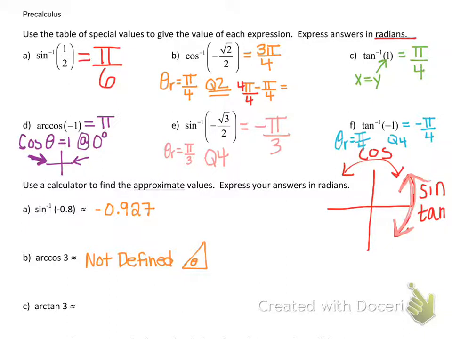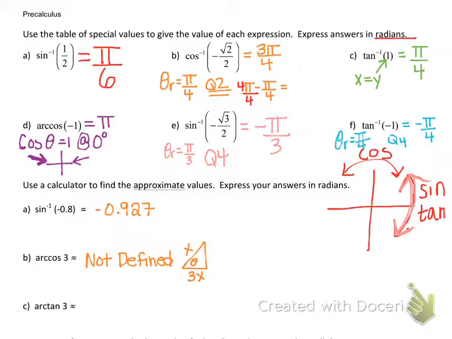So if cosine equals 3, then to find that angle, it's not possible, because that means we have adjacent, which is 3x, and our hypotenuse, which is x, and you can't have the adjacent side be greater than the hypotenuse. So that's why it's undefined. So whenever you get that error in your calculator, this is the why.